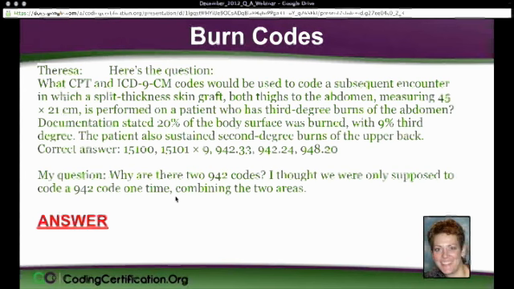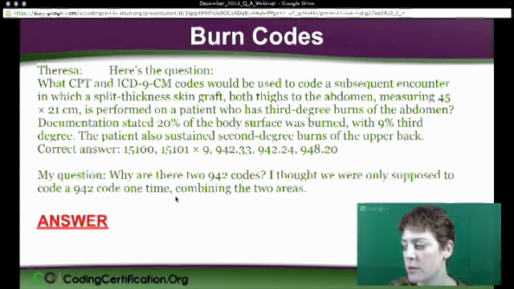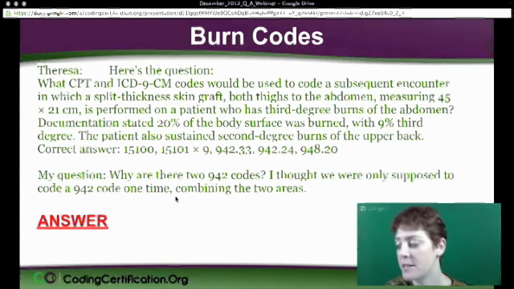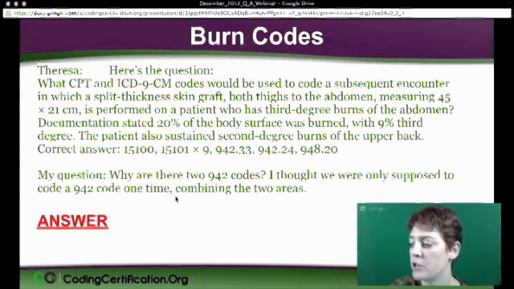What CPT and ICD-9-CM codes would be used to code a subsequent encounter in which a split-thickness skin graft, both thighs to the abdomen, measuring 45 by 21 centimeters, is performed on a patient who has third-degree burns of the abdomen?